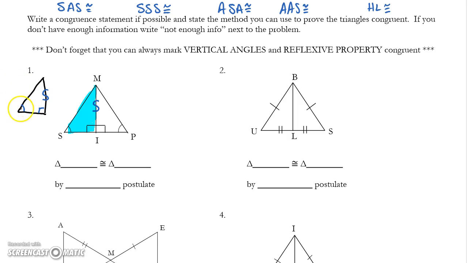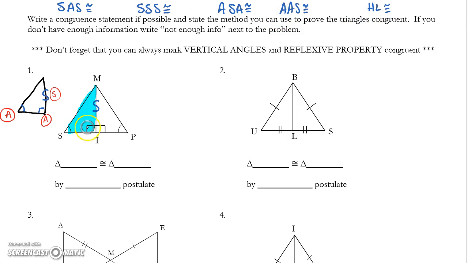So I know that this mark down here is an angle. I know that this mark down here is an angle, and I know that this mark on the side here is a side. I have two angles and a side, so it can't be side angle side, it can't be side side side, it could be angle side angle, it could be angle angle side. It can't be HL.